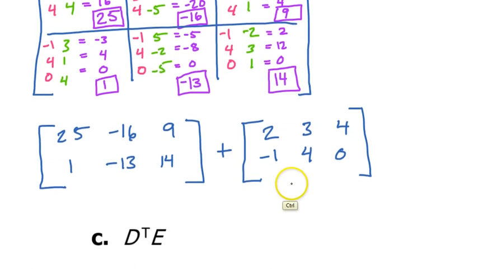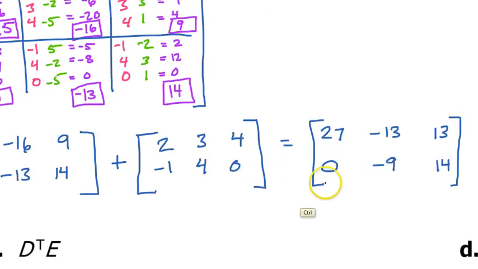So this is doable. And for the sum, you're just going to add the corresponding terms. So, for example, if I do 25 plus 2, that's going to be 27. So I'm just going to keep going and add all of the corresponding terms. So this is what I'm getting for the final answer.